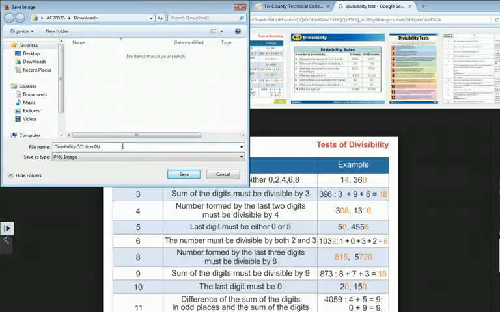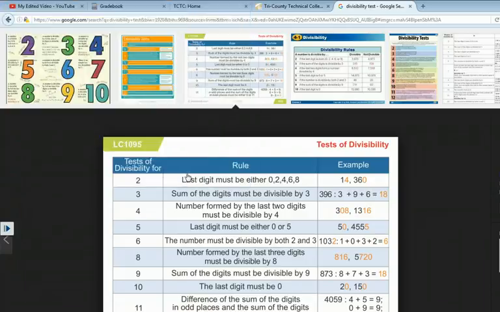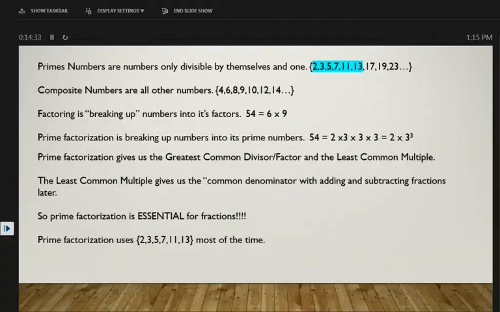Divisibility test. And I'm going to hit save. I'm going to go to my handy dandy PowerPoint. Or is it whole numbers? I don't know why I've got two of them pulled up. And how do I go back? Display settings.